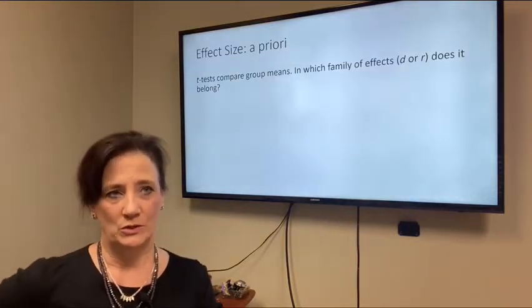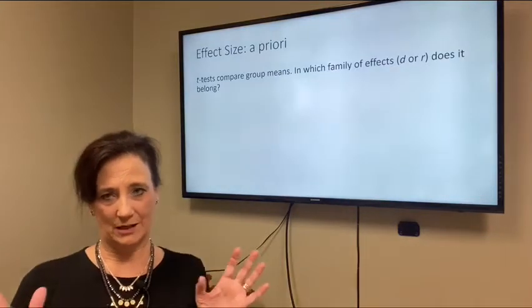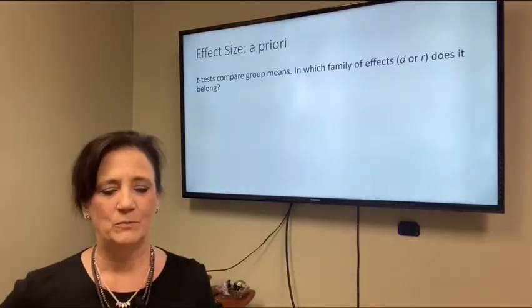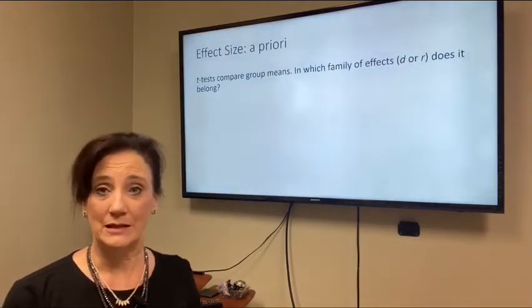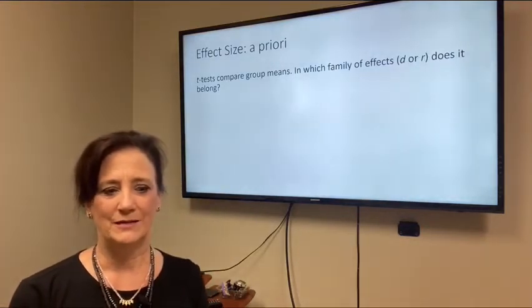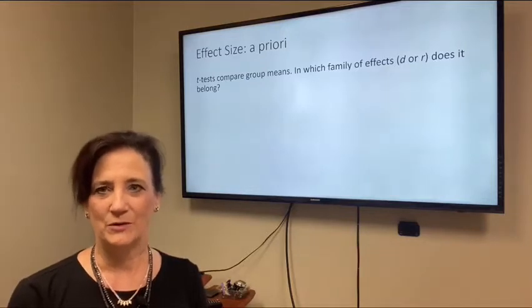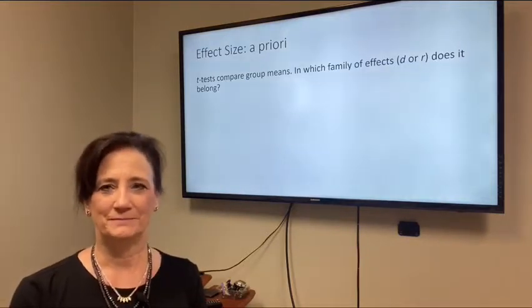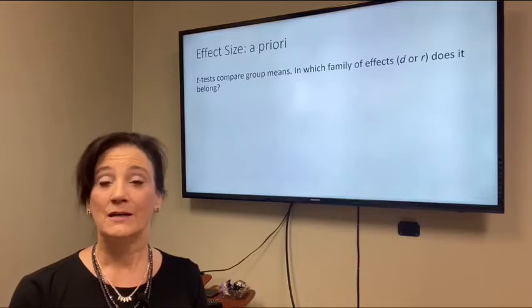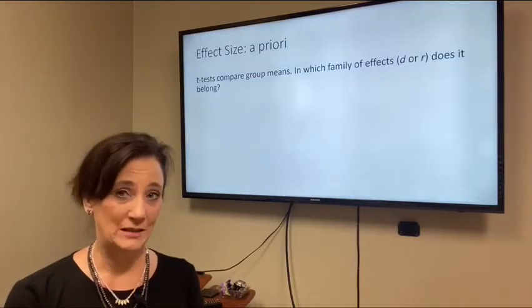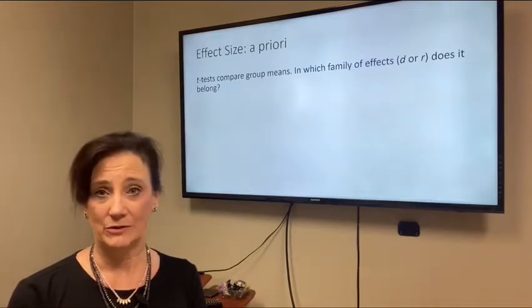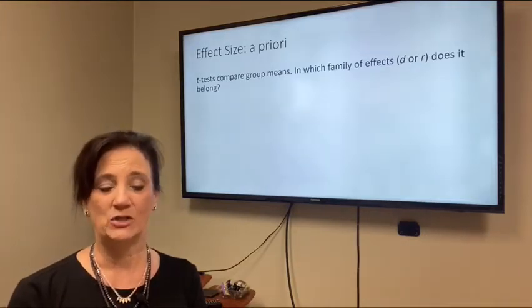So when you think about doing an effect size for a t-test, what family of effect does it belong in, the D or the R? If you want to, you can pause the video and think about it for a minute. And then I want to remind you what the letters D and R stand for. D is for difference and R is for relationship.